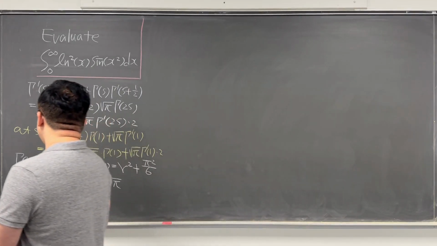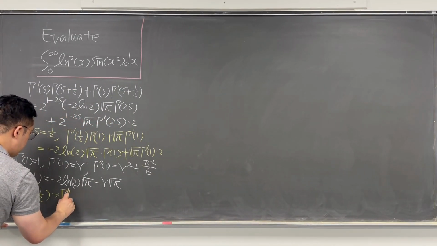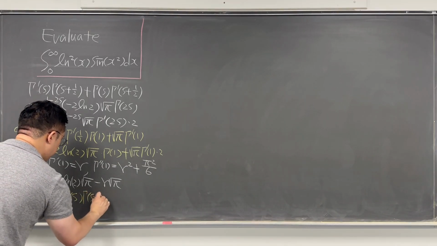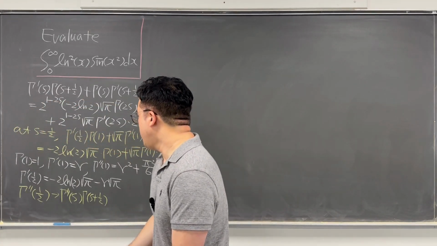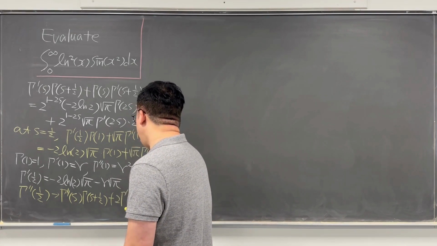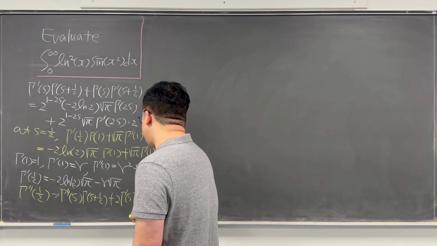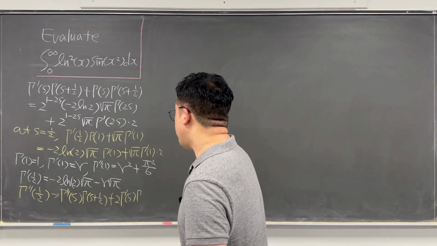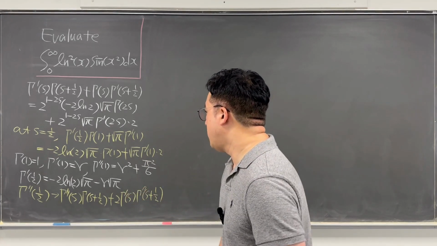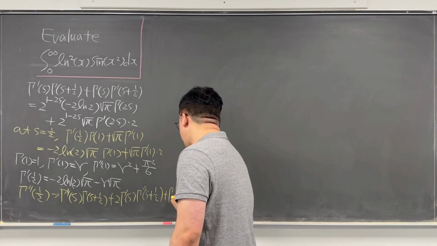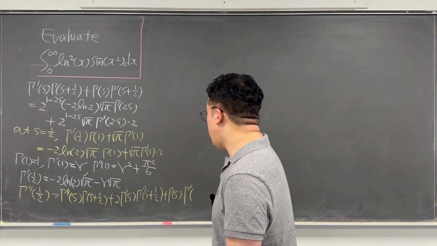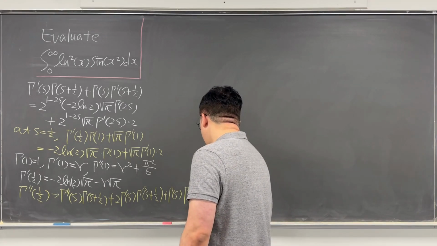If you go ahead and do this, then it should have gamma double prime of s times gamma of s plus 1 over 2, and then that plus 2 times gamma prime of s times gamma prime of s plus 1 over 2, then that plus gamma of s times gamma double prime of s plus 1 over 2.